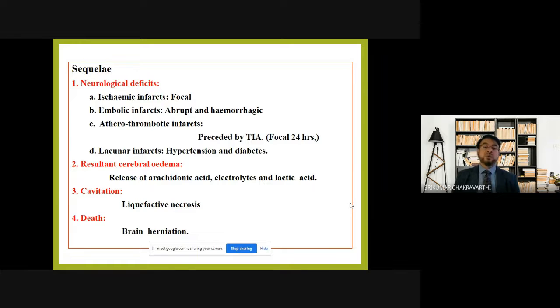And in the case of hypertension and diabetes, these infarcts are like small pools or lakes. We call these lacunar. Lacunar means lake, a lake-like infarction. And in some cases, these infarcts will be preceded by a TIA, also called transient ischemic attack, where a person develops very mild symptoms that last only for 24 hours.